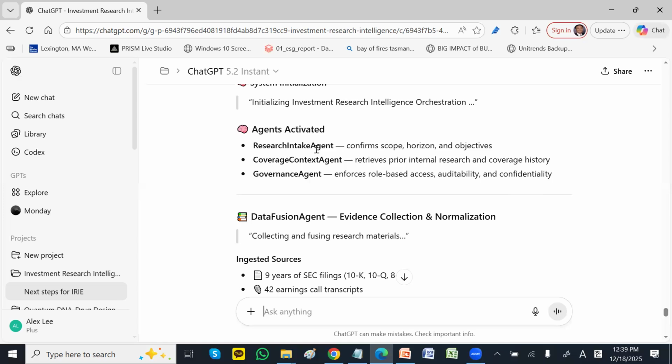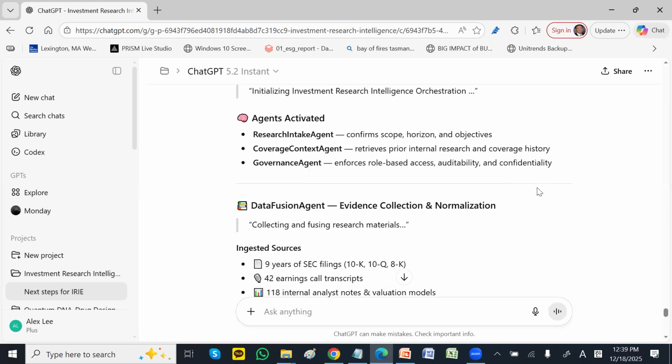The research intake agent confirms scope, horizon, and objective. The coverage context agent retrieves the prior internal research and coverage history. And the governance agent enforces role-based access, auditability, and confidentiality.